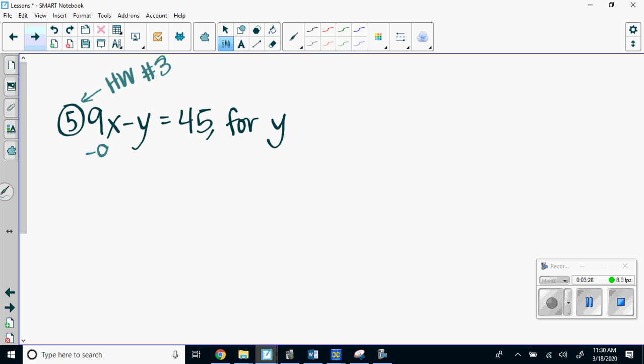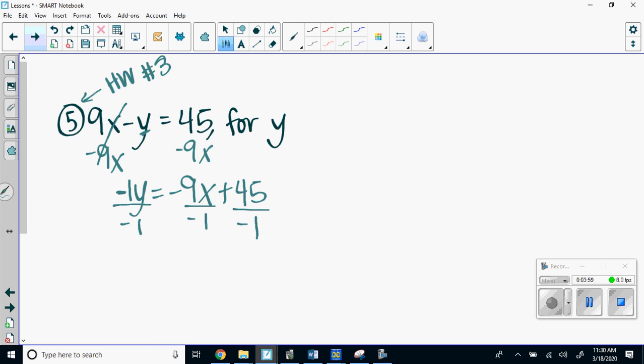So let's subtract the 9x. Because we want to get y by itself, we've got to get rid of the 9x. Negative y equals negative 9x plus 45. Make sure you do not forget this negative in front of the y, because that means y is not by itself yet. We've got to get rid of that negative there. So I'm going to treat it as if it's a negative 1y and divide by negative 1.